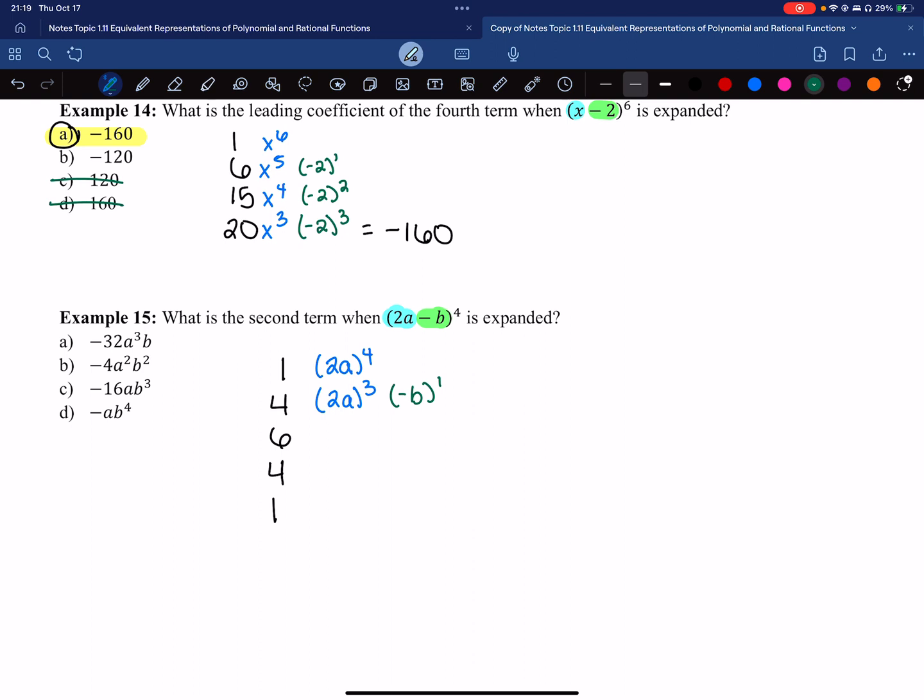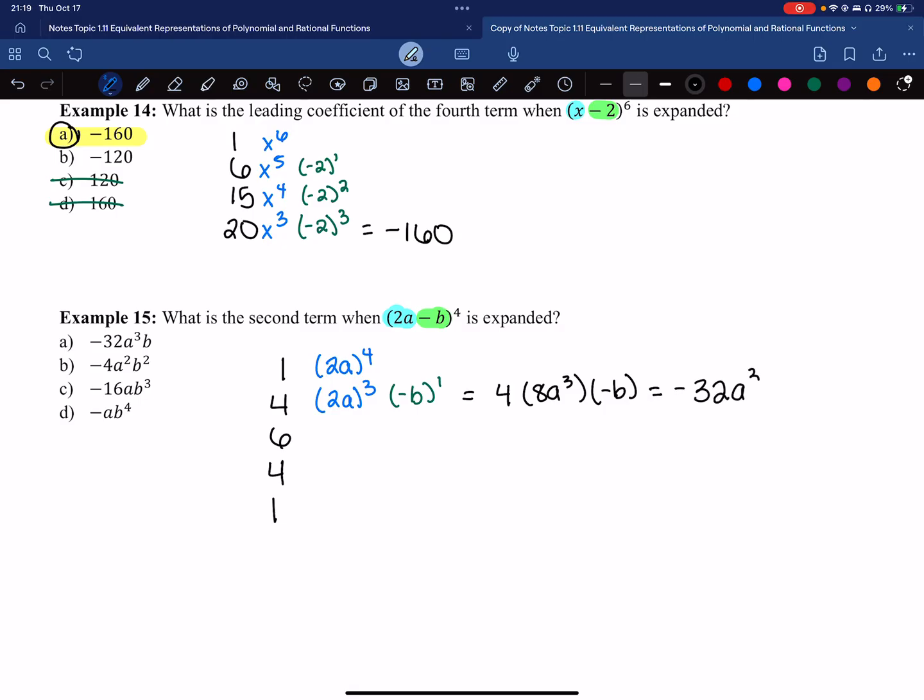So once again, this will turn out to be a negative answer. If we look at all our answer choices, they are negative. So we have 4 times 2a to the third times negative b to the first. That would be 4 times 2a to the third is 8a to the third times a negative b. 4 times 8 is 32. 32 times negative 1 is a negative 32.